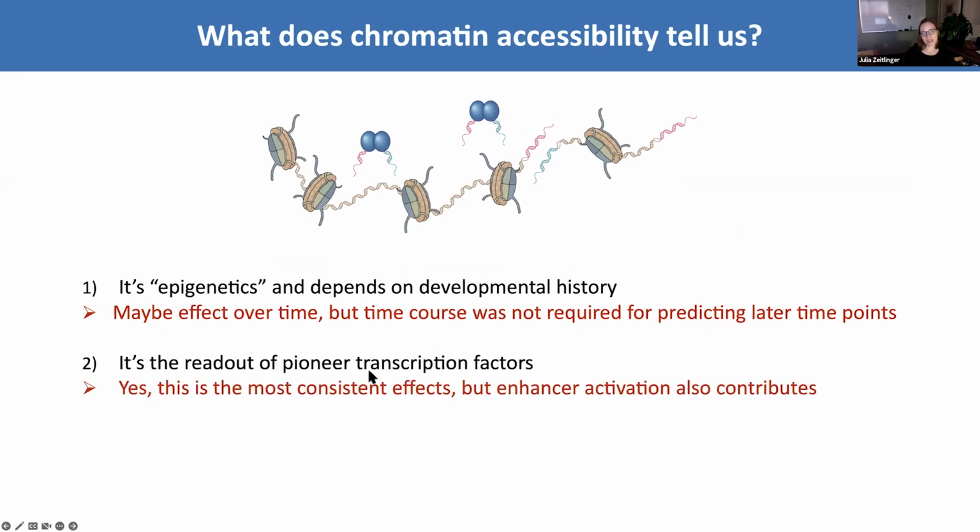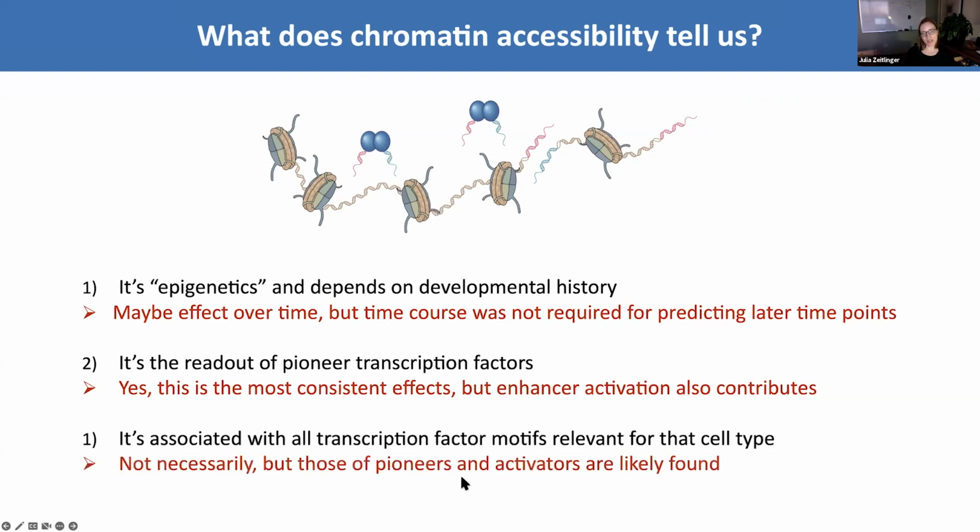Now, second was, is it the readout of transcription factors? And the answer is yes, we definitely see that, and it has the most consistent effect. So ZELDA and GAGA factor, but we also see an effect of enhanced activation. And this explains why we also see other motifs there that can be discovered using accessibility. Some of them do contribute if they contribute to activation, essentially.